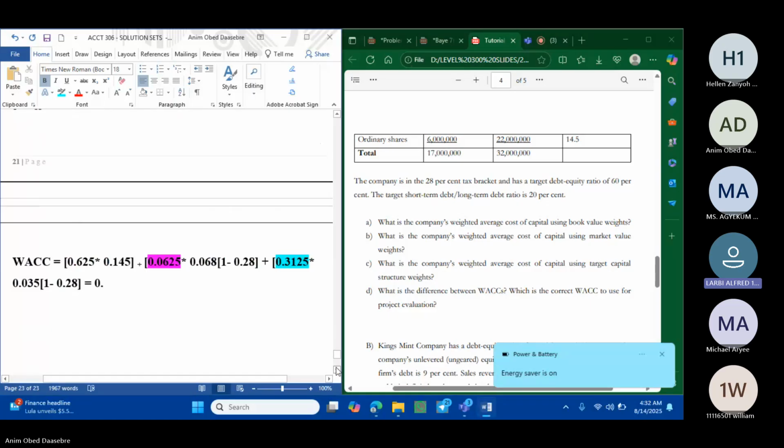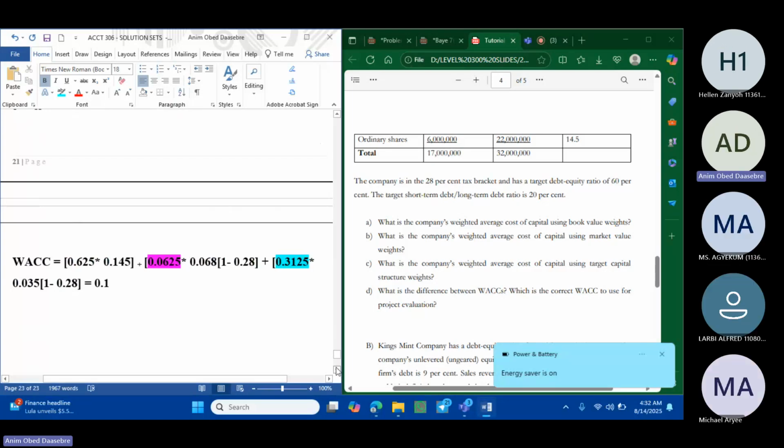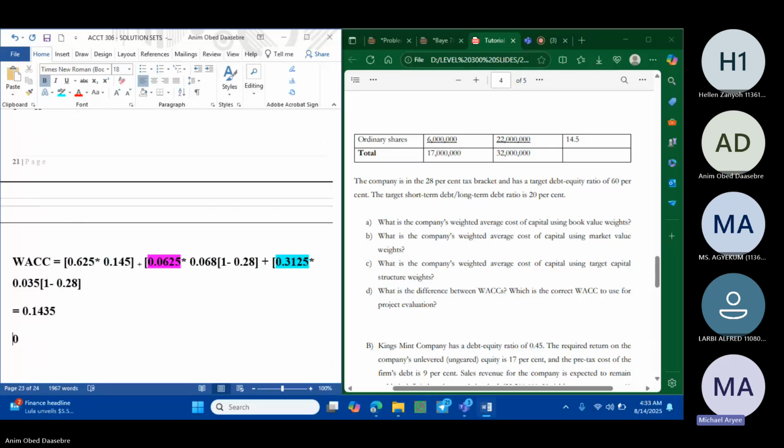Really? Yes, please. The other one said that it's 0.101326. Yeah, 326. Wow. Let me check.